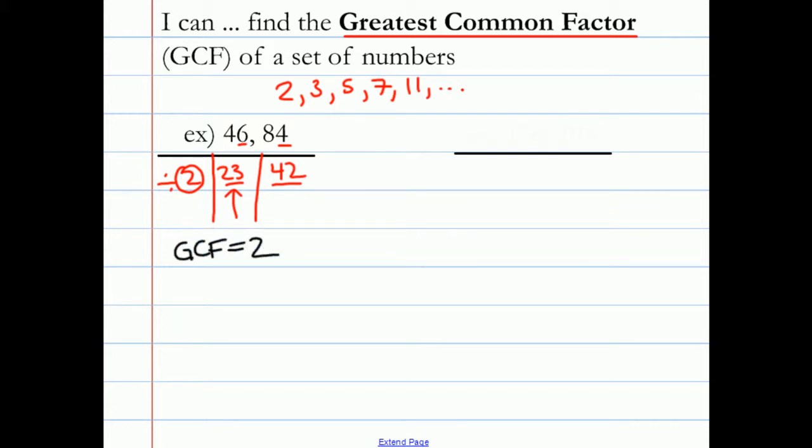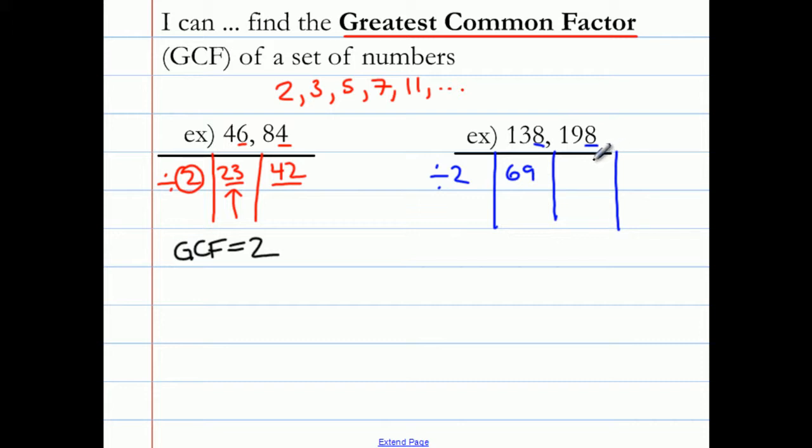So let's try another example. 138 and 198. Again, our strategy is to just start dividing by prime numbers. Let's start off with 2, because these both end in 8 and it looks like I can divide by 2. If I divide 138 by 2, it'll give me 69.